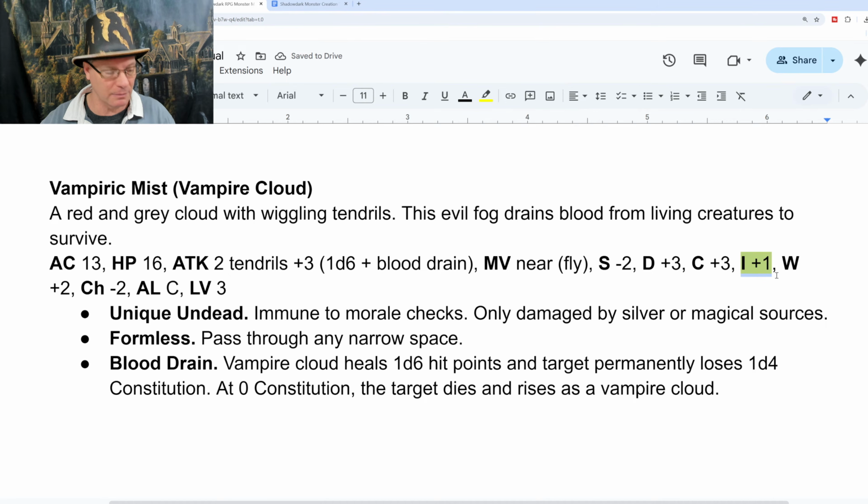Wisdom, they had it down as a 12, which is a +1. I decided that was still too low. I felt like this sort of creature really needed to know how to survive, and I think wisdom is probably even more important than intelligence in terms of survival. If you want to talk about being smart, high wisdom is far more important than high intelligence.